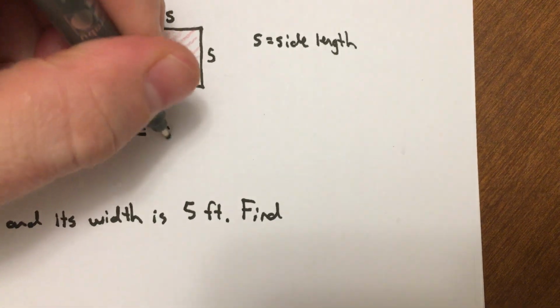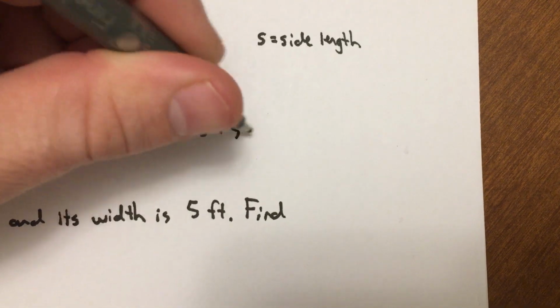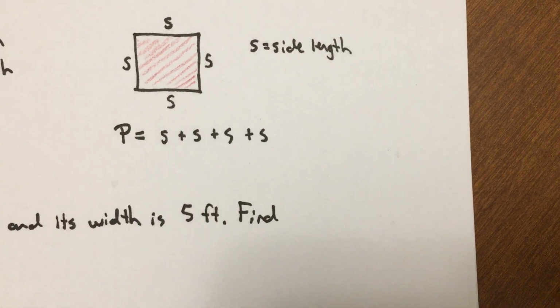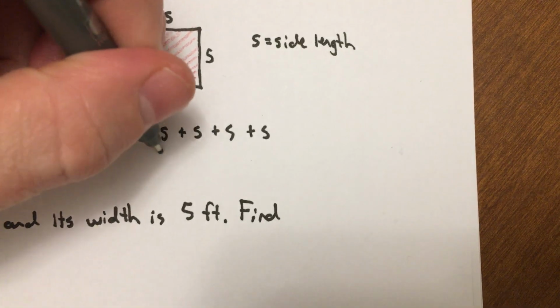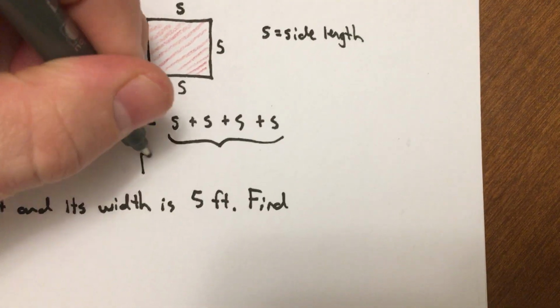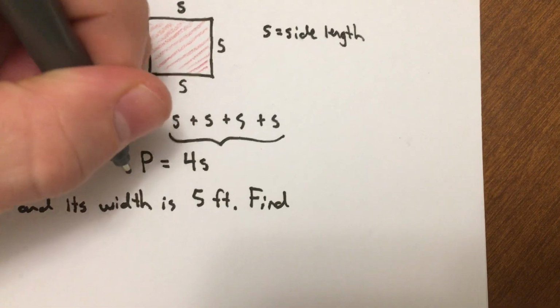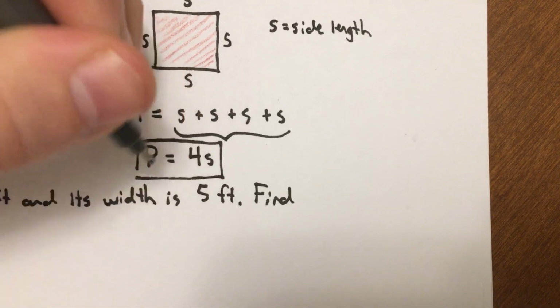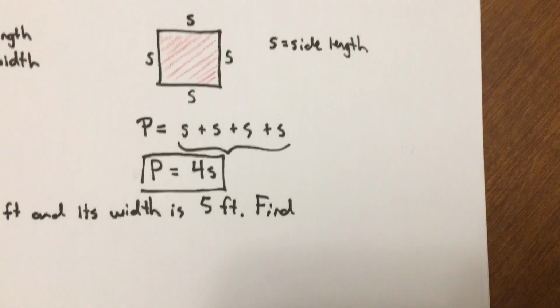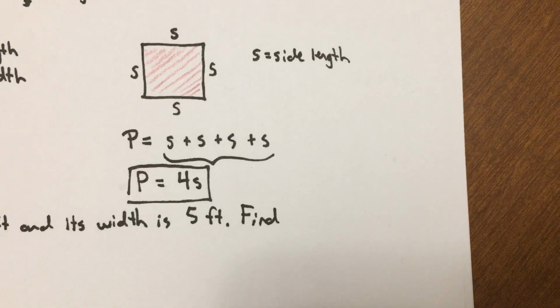So we've got 4 side lengths that we're going to add together to find the perimeter. Well, another way that we can condense that down, since it's repeated addition, could be 4 times s. So this is the formula that we can use to find the perimeter of any square.